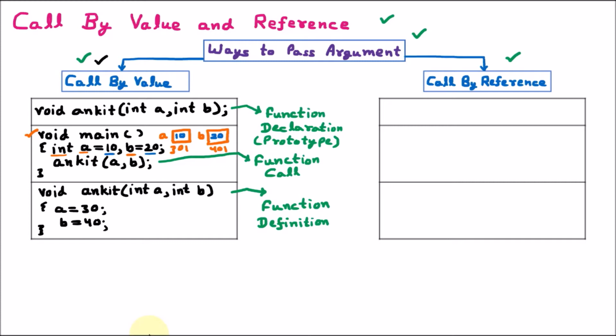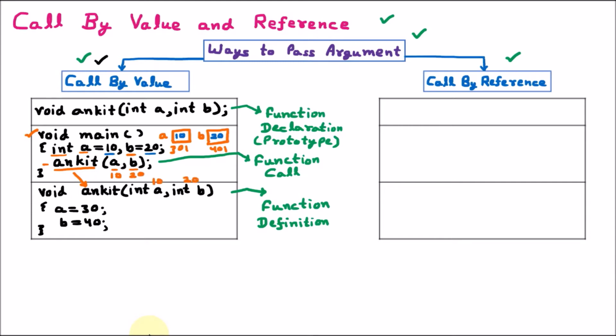Now we are going to call the function Ankit. Here A and B, that means these two values, are passed and the function Ankit is called. The values of A and B that we are giving are 10 and 20. So these two values, 10 and 20, are coming here.